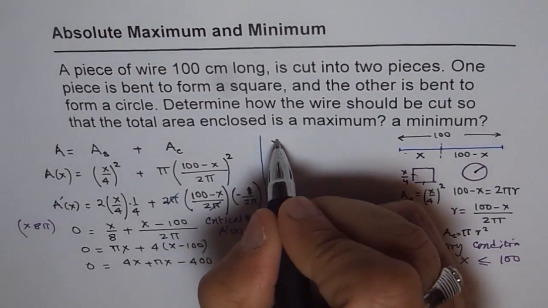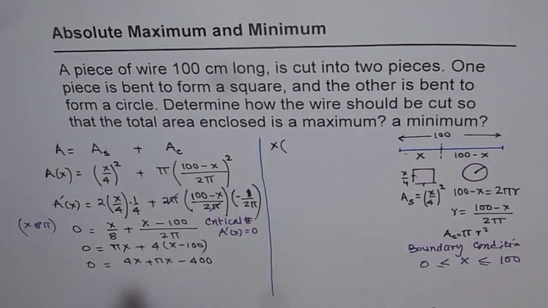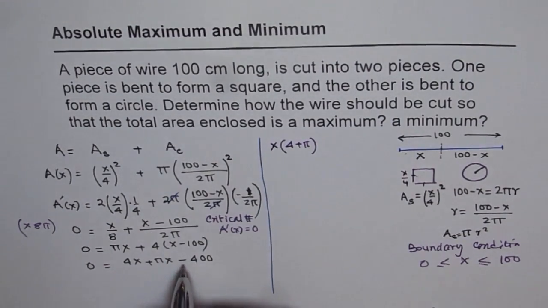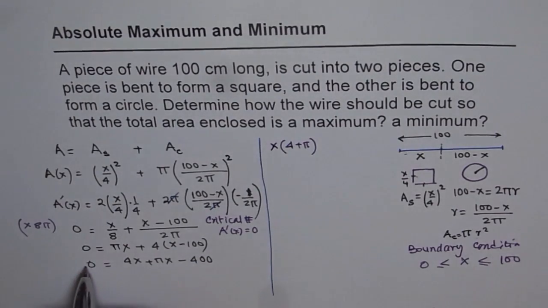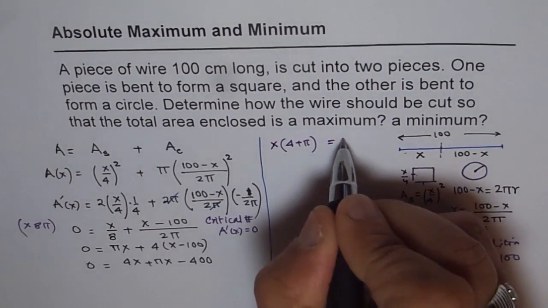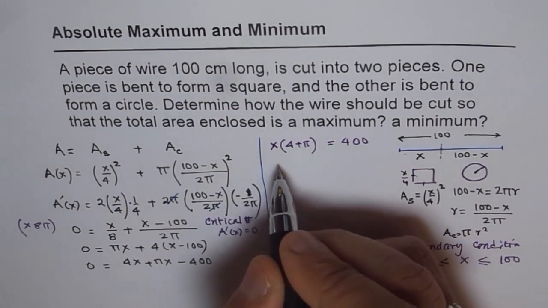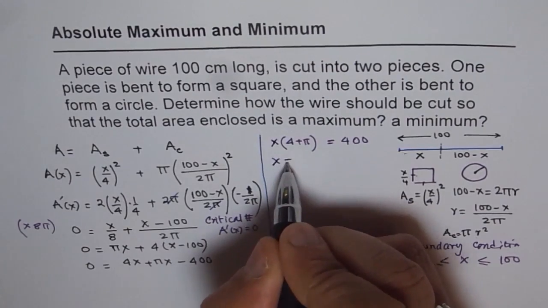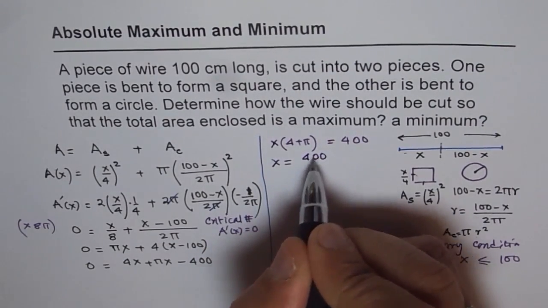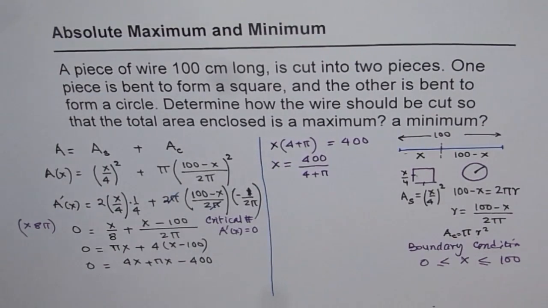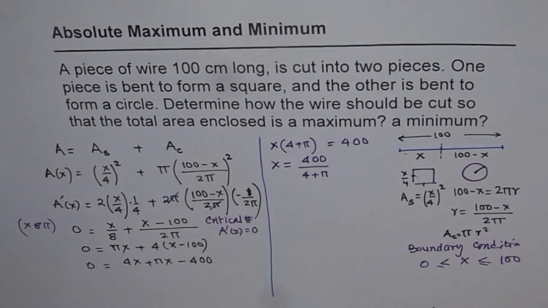So we get x times 4 plus pi, minus 400. We can take it on this side, so we get equals 400. And from here, we can get the value of x, and x is equal to 400 divided by 4 plus pi. So that is the value of x which gives us the critical point.